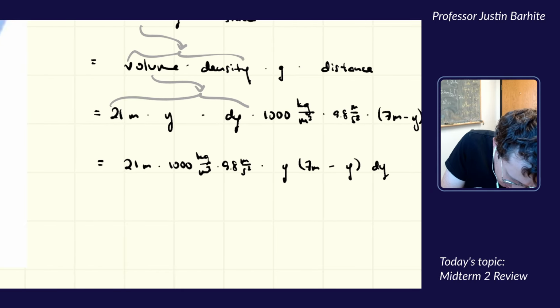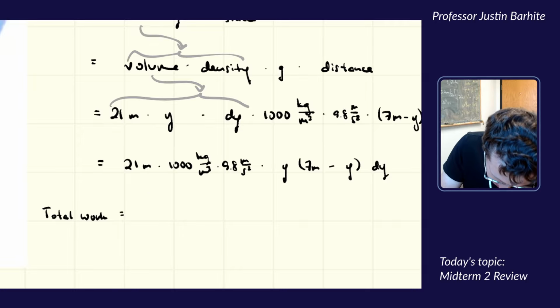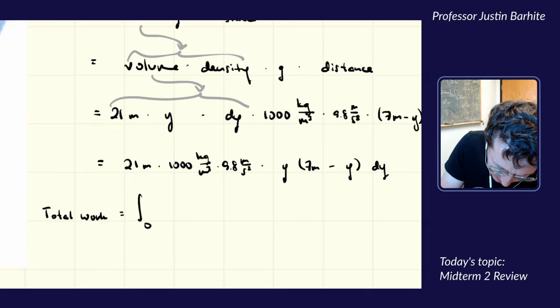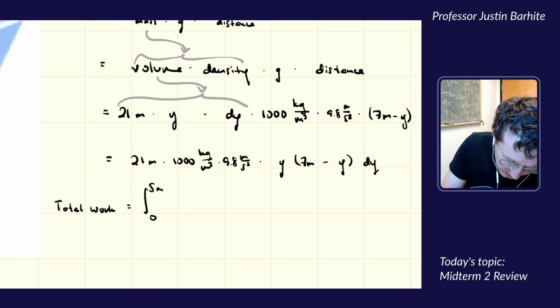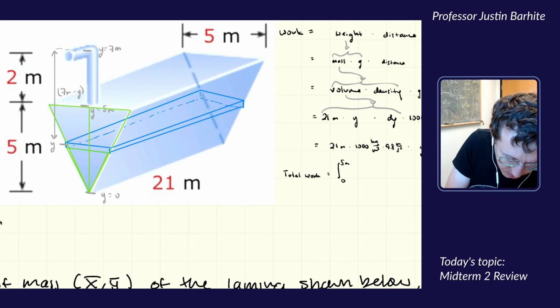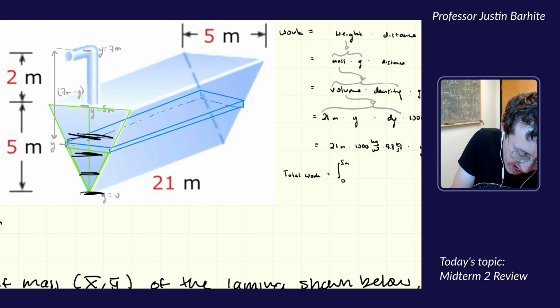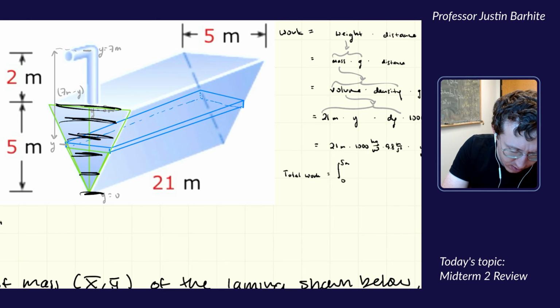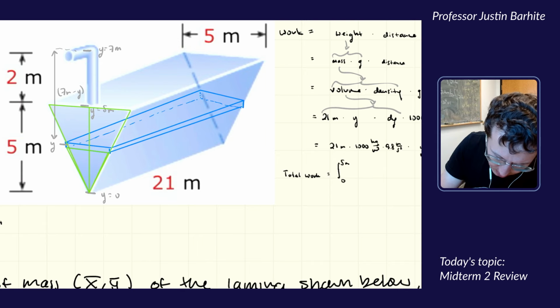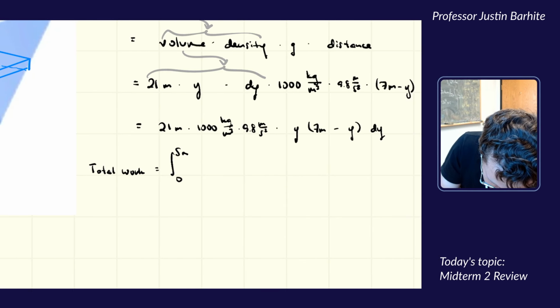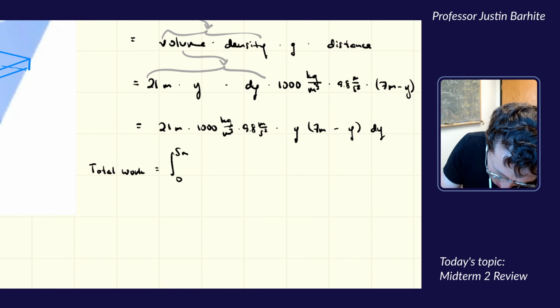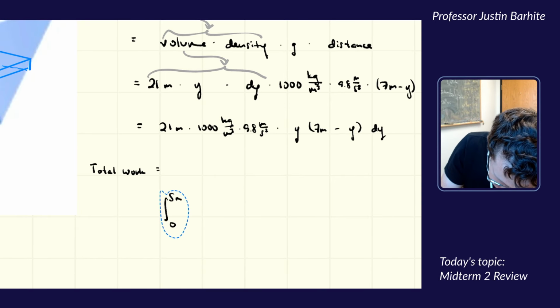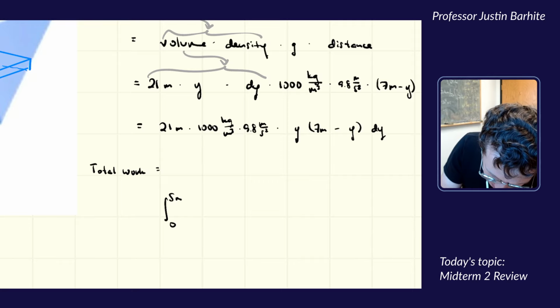So the total work is the integral from 0 to 5 meters, because I'm looking at the full range of y values where I have water. And I guess the point is that these constants can come outside of the integral.